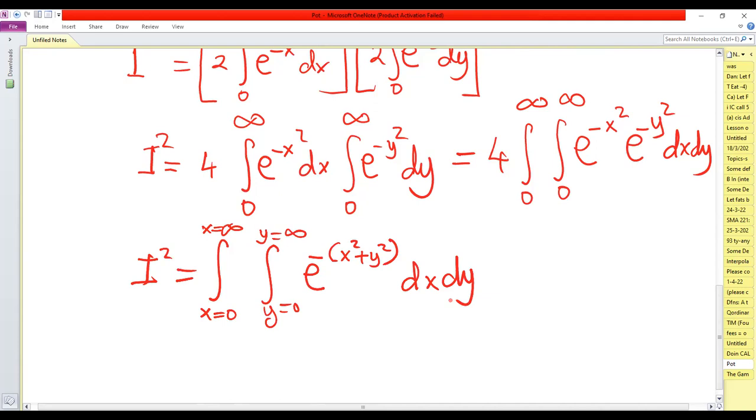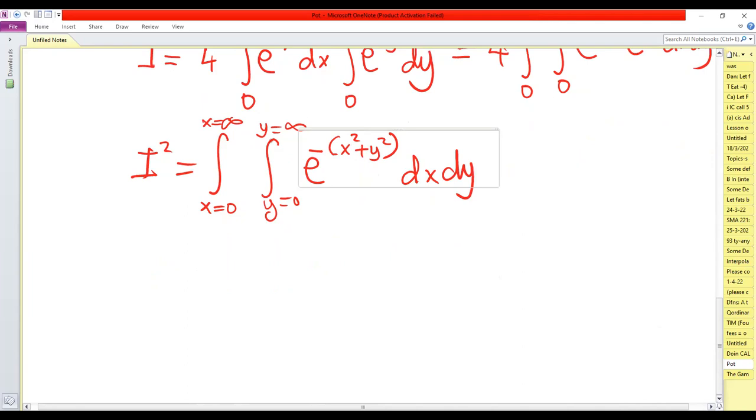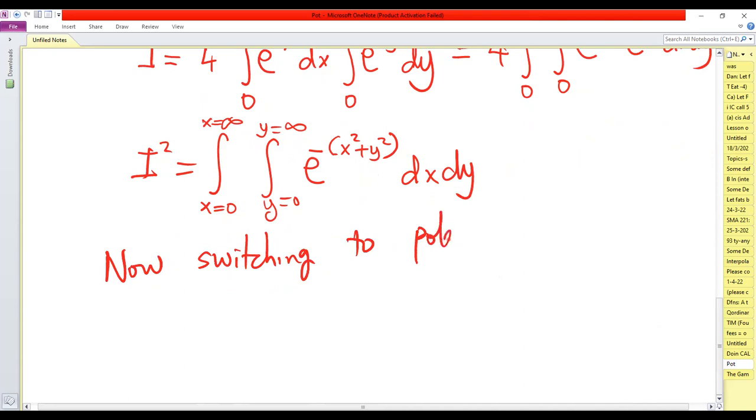Now at this point I go into what we call polar coordinates, because now I have a double integral, so switching to polar coordinates.